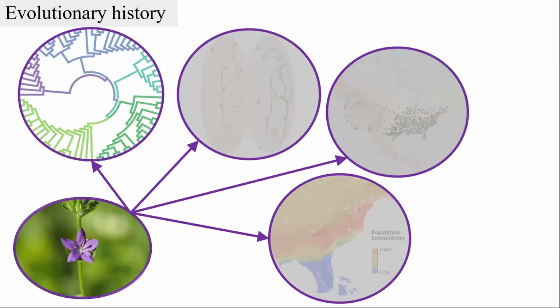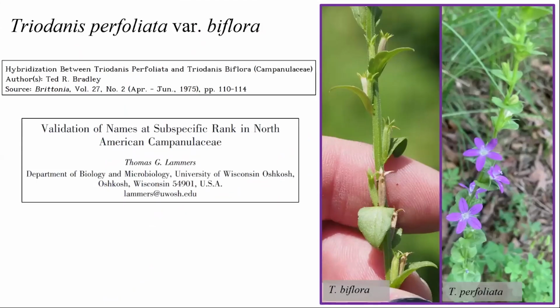So first, I want to present the newest comprehensive phylogeny for the genus. And one of our big questions was the relationship between Foliata and Biflora. There's been a lot of discourse about whether or not Biflora is its own species or if it is considered some sort of subspecies of Foliata. And Biflora was first described all the way back in 1779.